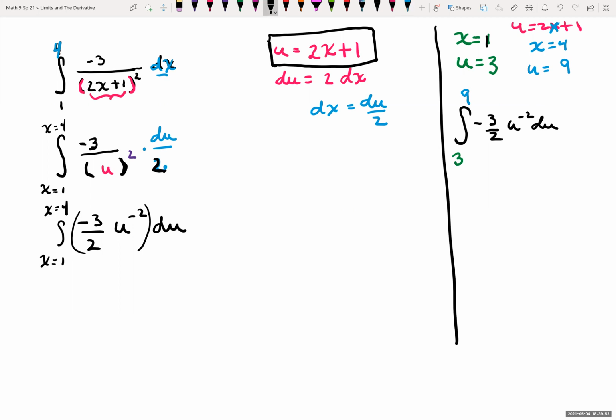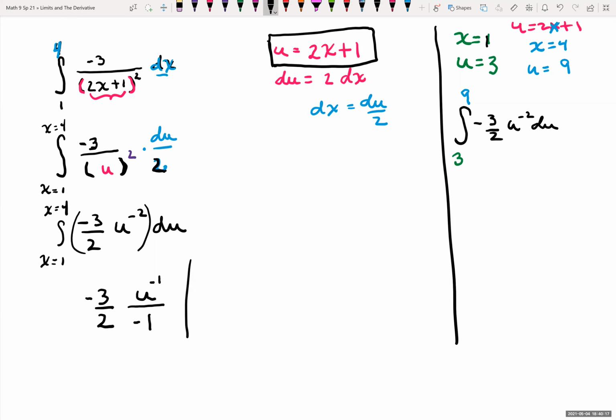So we're going to take the antiderivative of this, -3/2 u to the -2 power. So ignore the coefficient, bring it down, -3/2. We're now going to add 1 to our exponent. So -2 plus 1 is -1. Divide by our new exponent, -1.